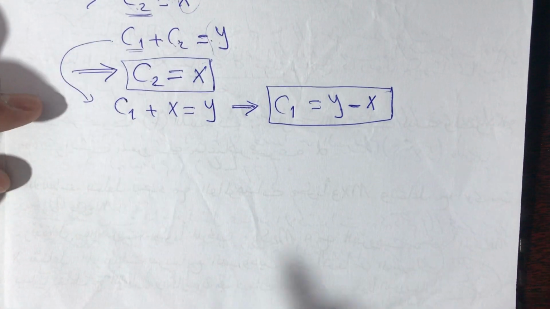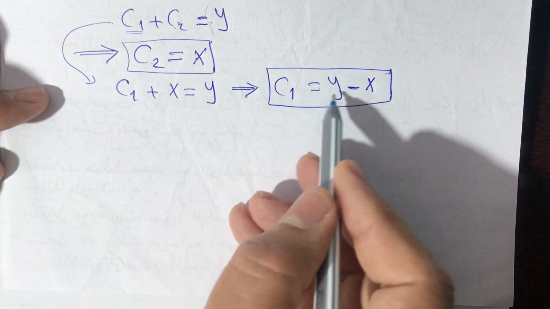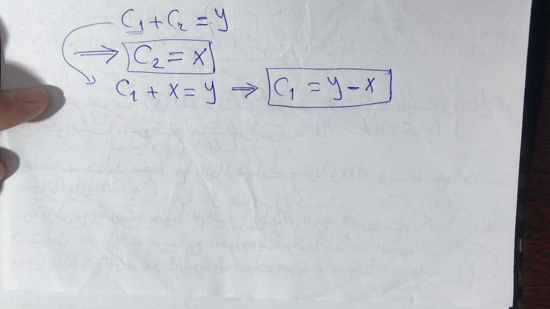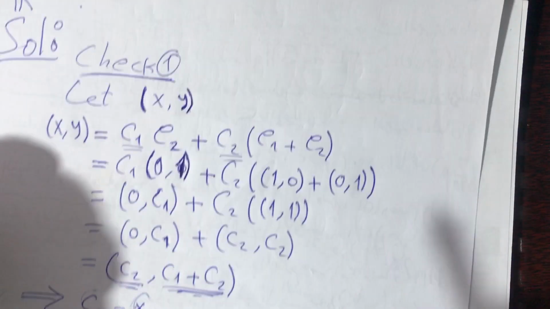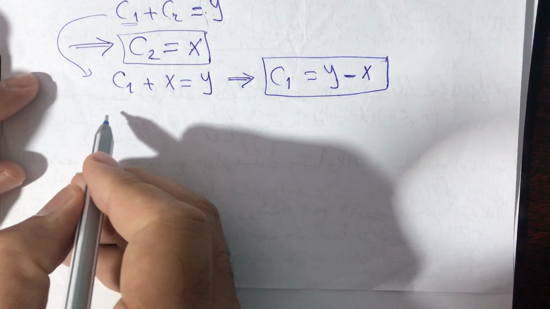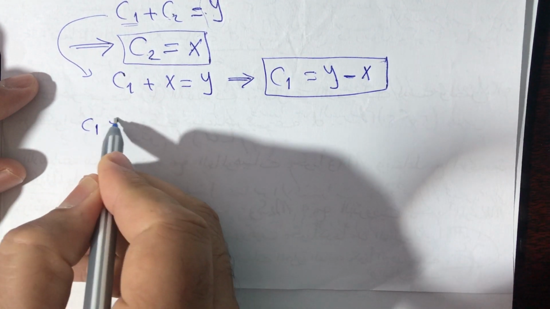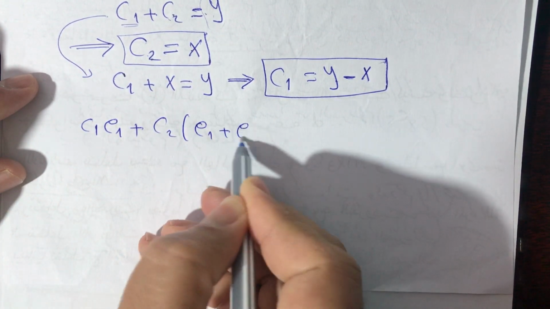So if I take C2 = x and C1 = y minus x, I can write any point in R2, (x, y), as a linear combination of these two elements here, E2 and E1 plus E2. This is C1 E1 plus C2 (E1 plus E2).